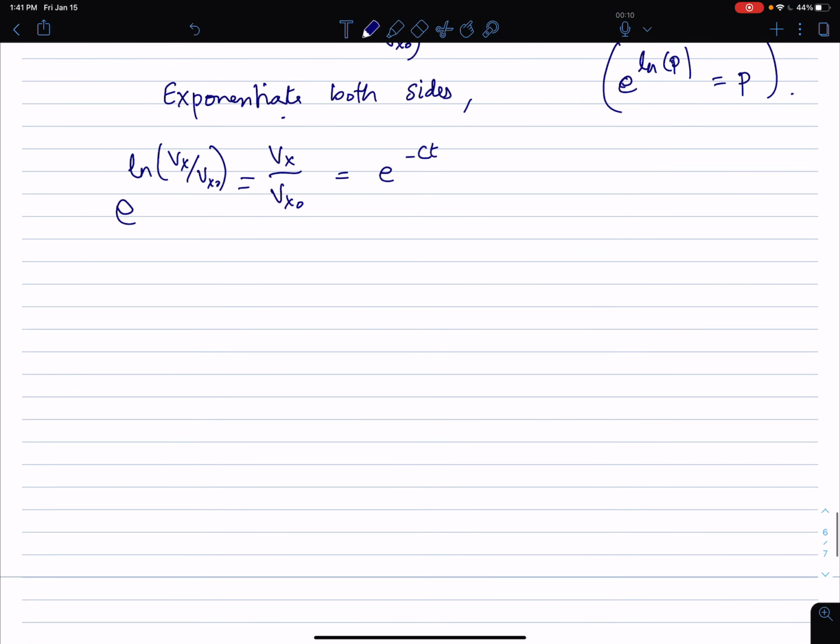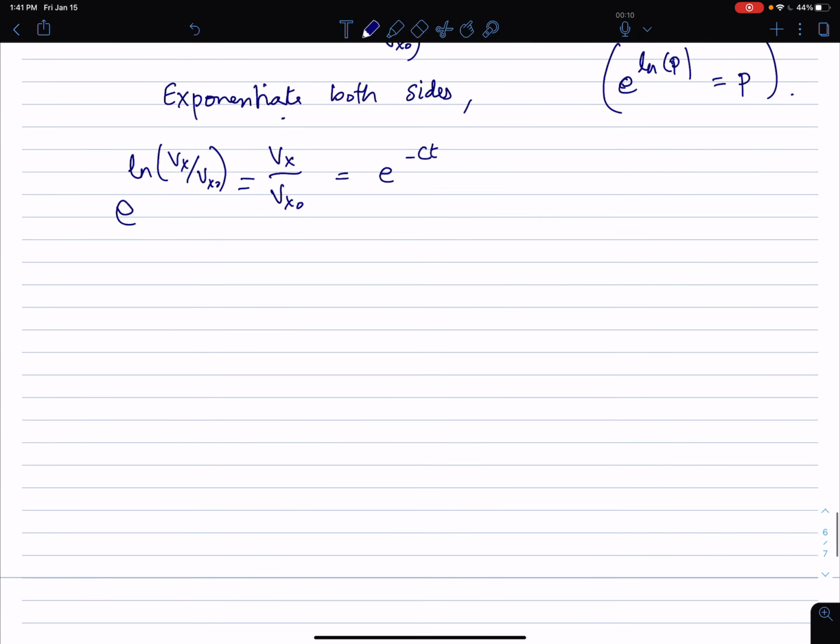So essentially we have vx, which is basically vx of t, equals vx naught e to the power minus ct. Okay, so this is the function that we're looking for. This is the answer. vx of t equals vx naught e to the power minus ct.